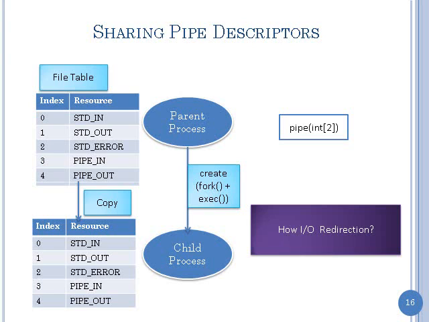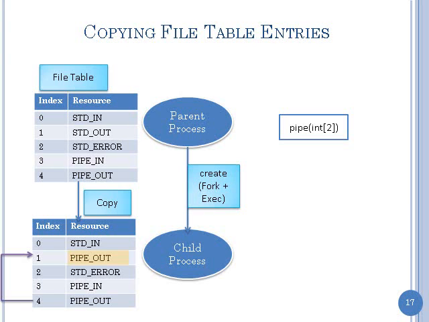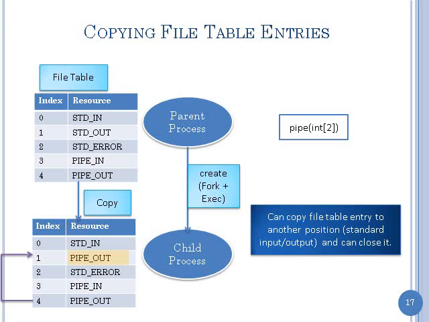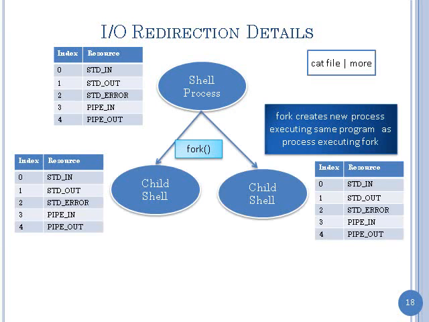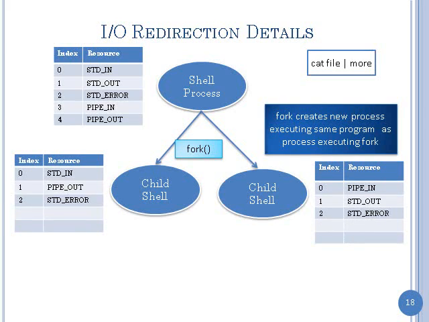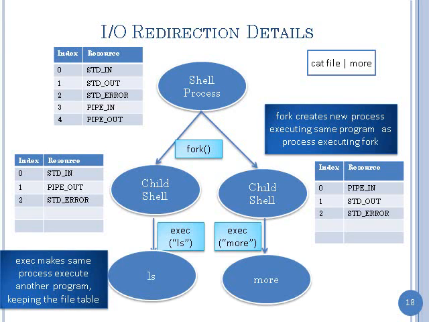Okay, and so one guy's got the pipe out, and now I'm just going forward quickly. We've ended up with one guy with the pipe out, one guy with the pipe in, and now they're connected to each other. Okay, and I'll just stop at this point.